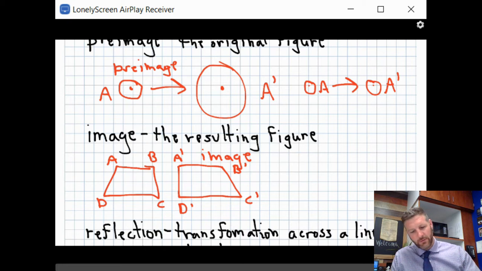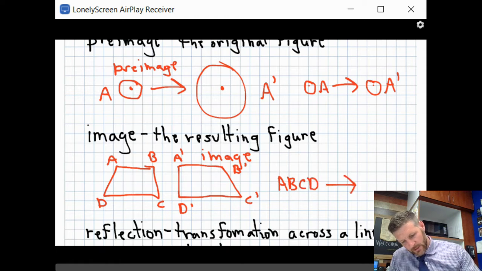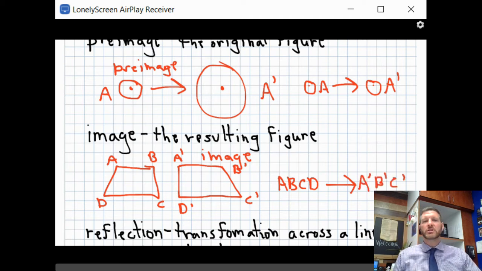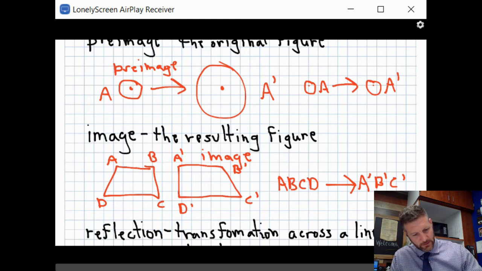So that's a notation for a transformation. And again, say in this case we have trapezoid A, B, C, D is transformed into A', B', C', D'. So just some of the notations that go along with transformations: pre-image and then the image. Let me emphasize we were talking about this here, and the image we were talking about this right here.